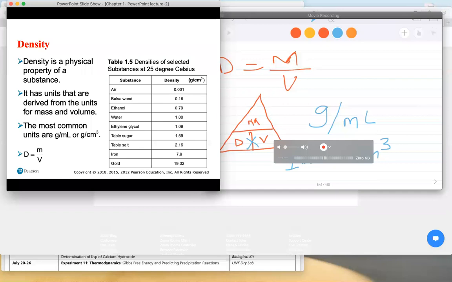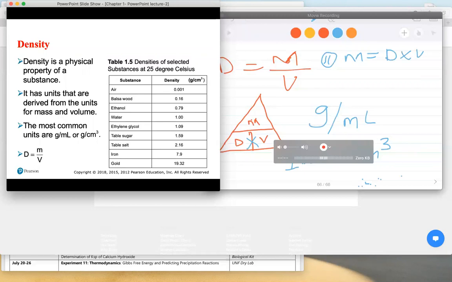Just remember the 3 equations. This is one right here. Two is mass is given by density times volume.